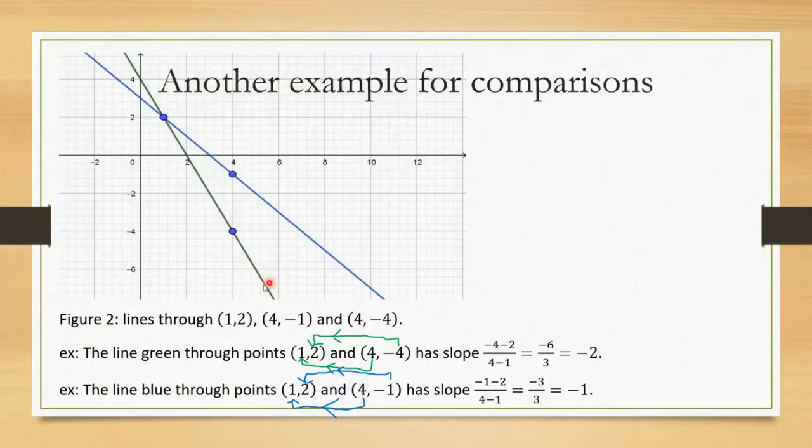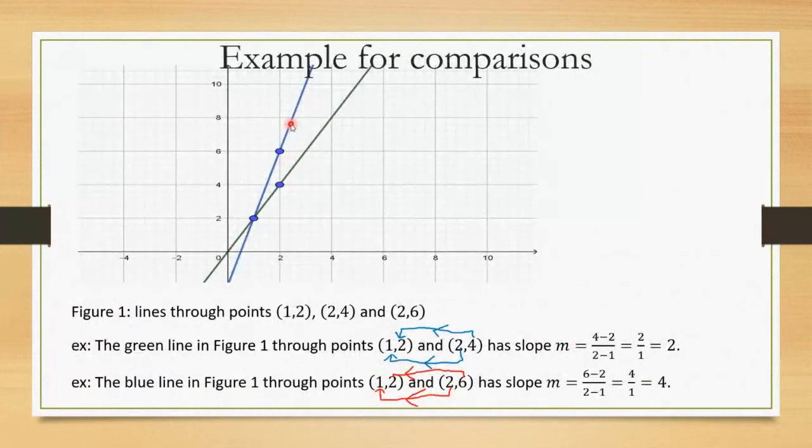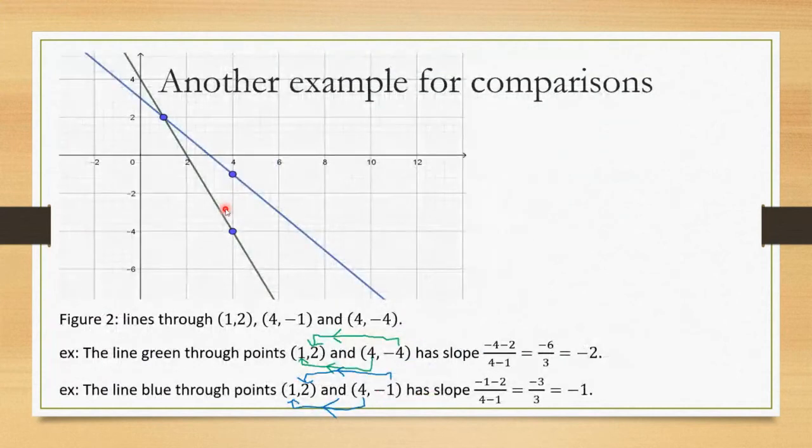So the more positive the slope of a line is, as in the previous slide, the steeper it is. Here, the more negative it is, the steeper the line is, if it's negative. So that's what's happening here.